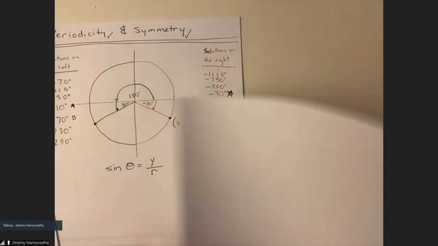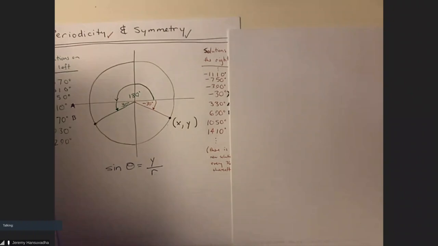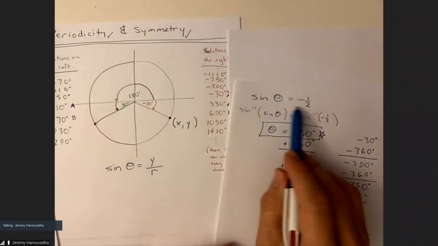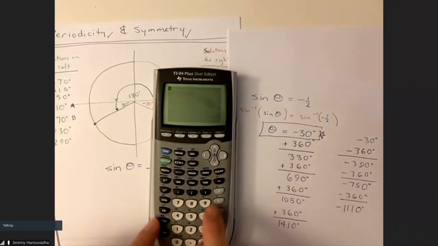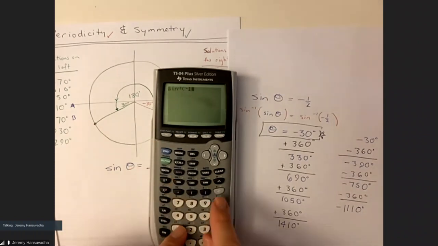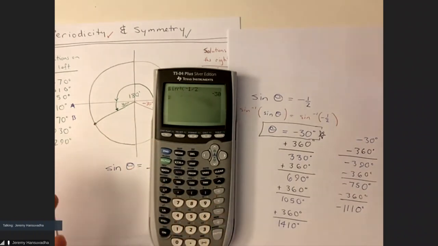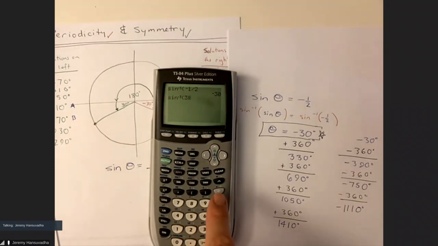Okay. This one was nice and clean because it said sine of theta is equal to negative 1/2. And when we did inverse sine of negative 1/2, it was negative 30 degrees. If it had been something messier, like the inverse sine of, let's say, negative 3/5, that's going to be a wild decimal.